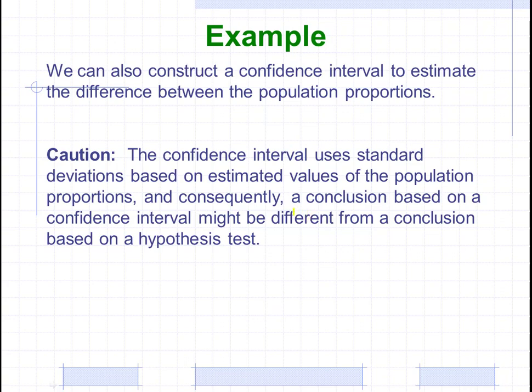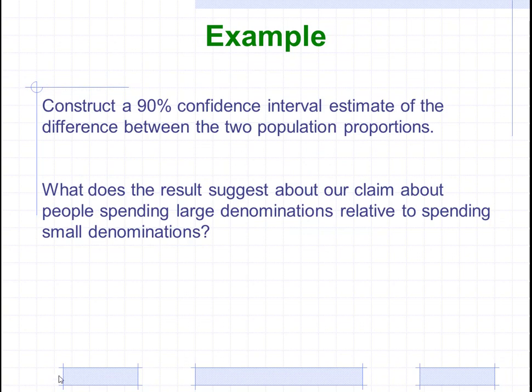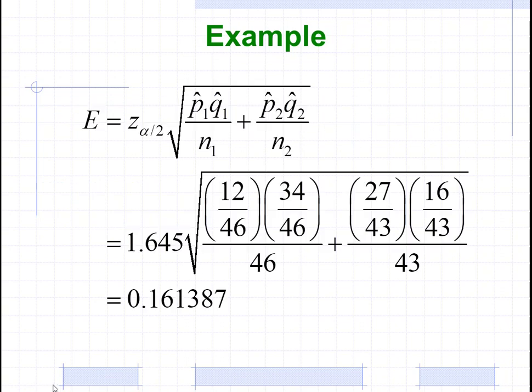And because we estimate the standard deviations, the conclusions based on a confidence interval could be different than the hypothesis test. So we want a 90% confidence interval between the two population proportions. Does that agree with what we just decided?